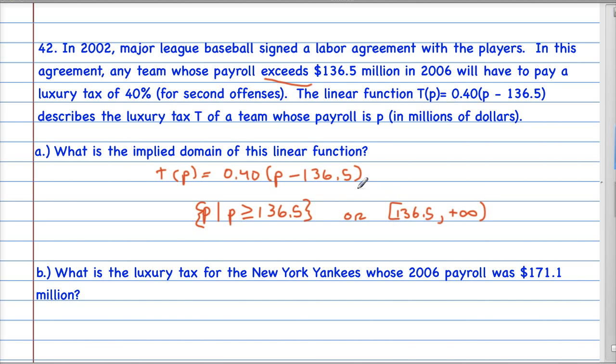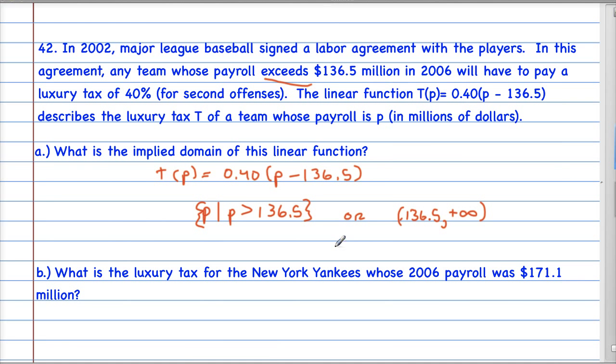And again, I made another mistake. I apologize. This should be greater than, right? It's only when it exceeds. It's okay if the salary equals 136.5 million. It's when it exceeds it that the luxury tax kicks in. So, all right, this is our final implied domain. Anything that is bigger than 136.5 million.